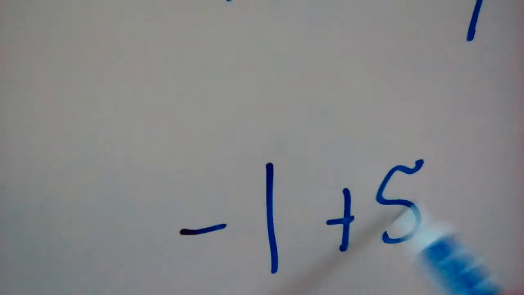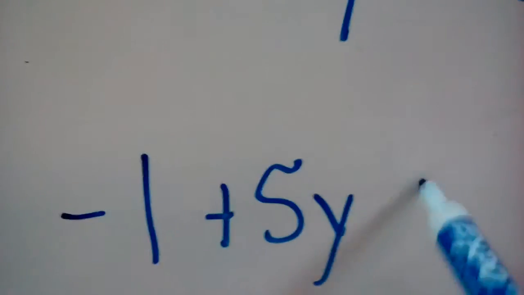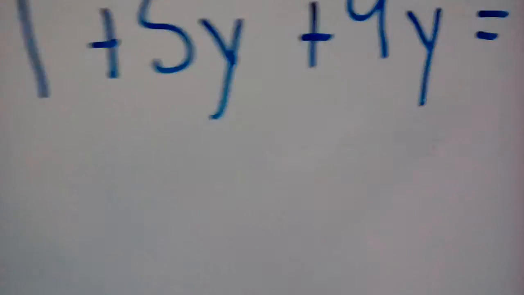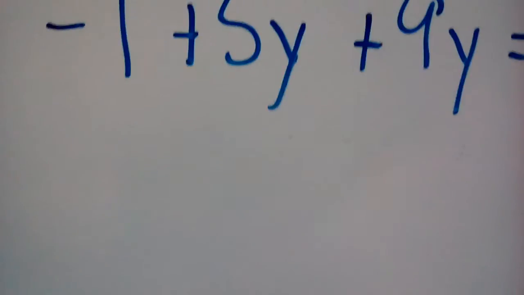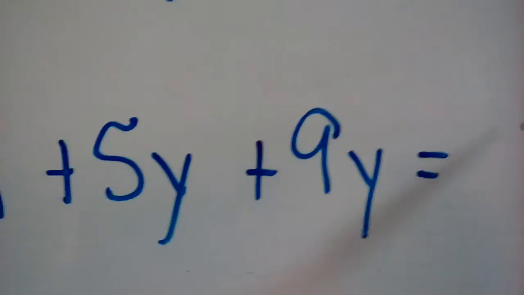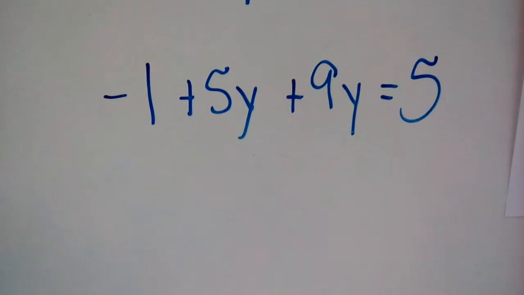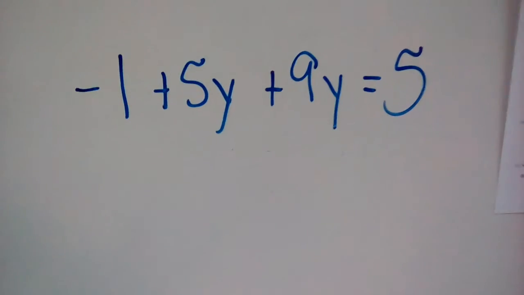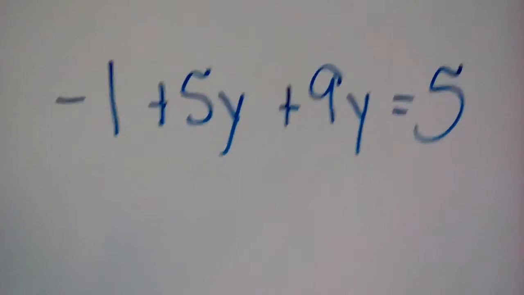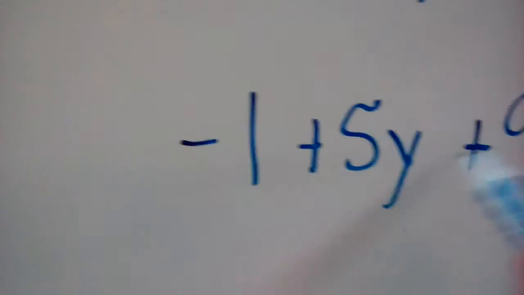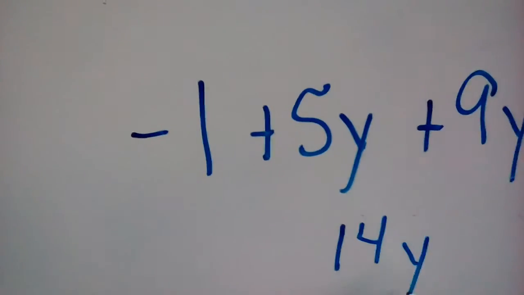So now I have a negative 1 plus 5y, because we got to remember that negative is in there, plus 9y is going to be equal to 5. Okay, so there I got it. There's my new equation. So let's put stuff together. So I have 14y.